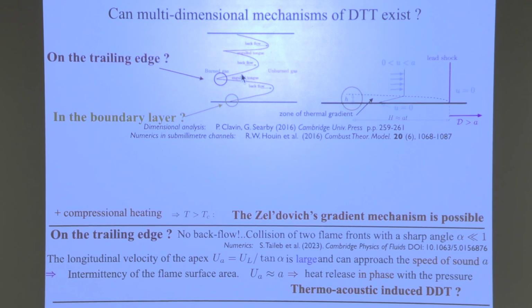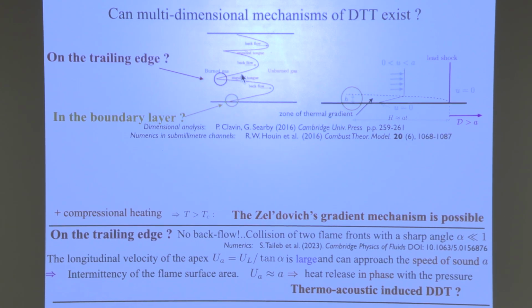And in that case, you have a heat release which could be in phase, the pressure increase because of the sound speed could be in phase with the heat release. And this can produce a thermo-acoustic induced DDT.